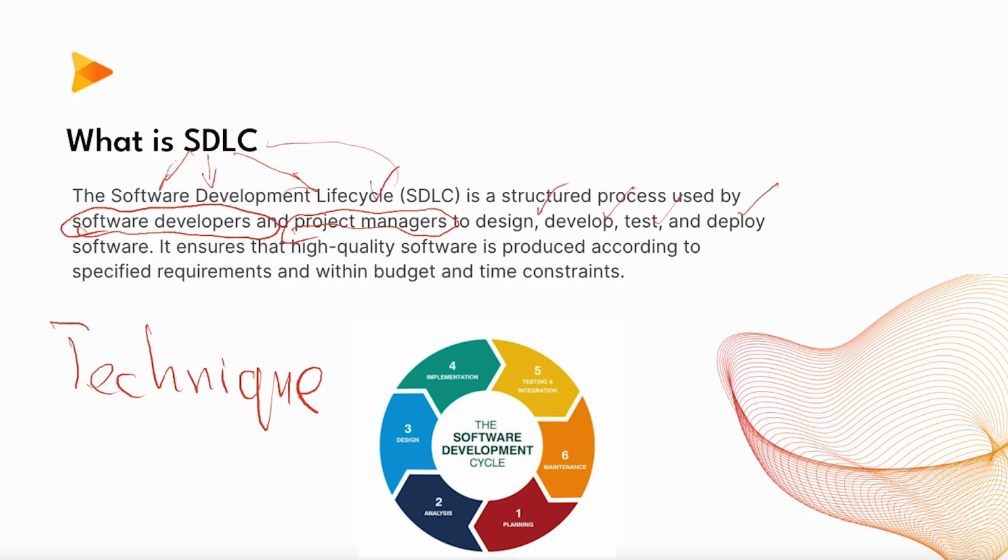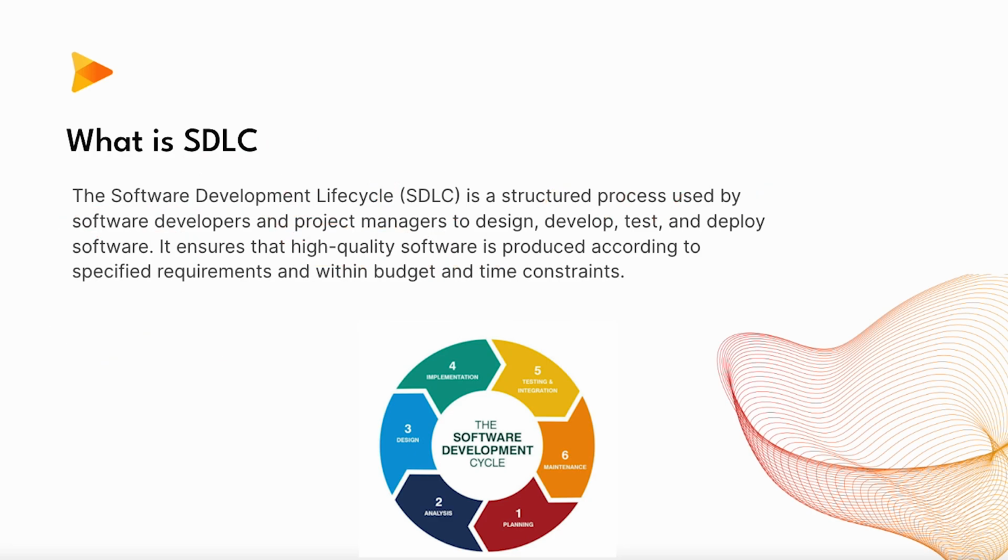The reason they're using this process is because, one, they want to ensure that they can produce high quality software, right? They want to make sure that they can produce high quality software according to specific requirements. And above all, they also want to make sure that they can deliver that software within a budget and within a specific time frame, right?